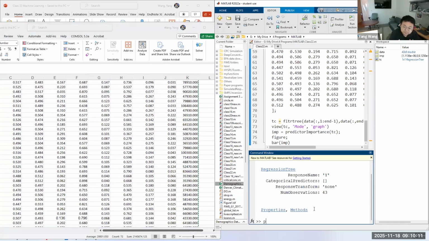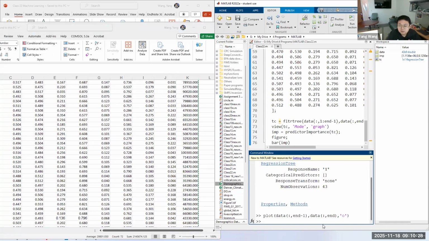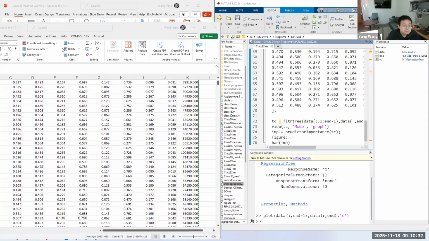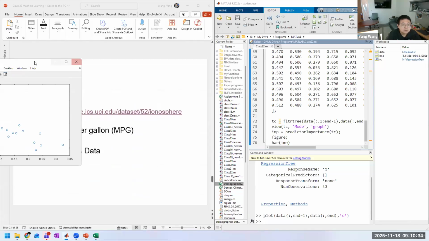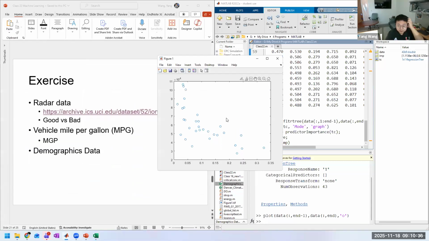So we can do plot data, -1, which is the eighth parameter, and then data, and let's use circle as a marker. Then this plot basically shows you the correlation.